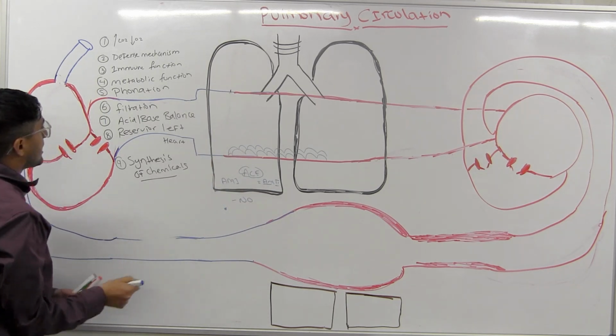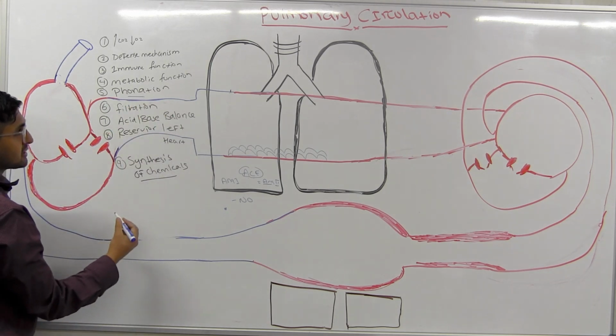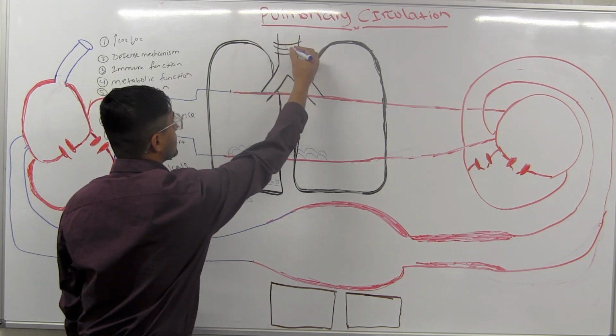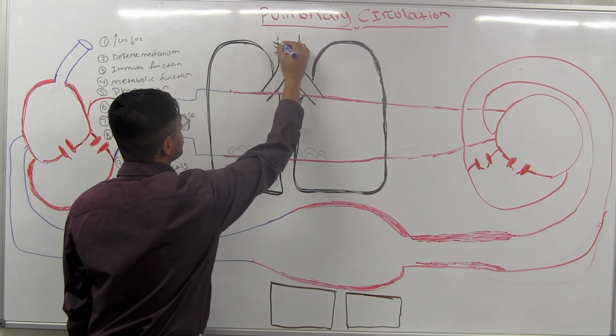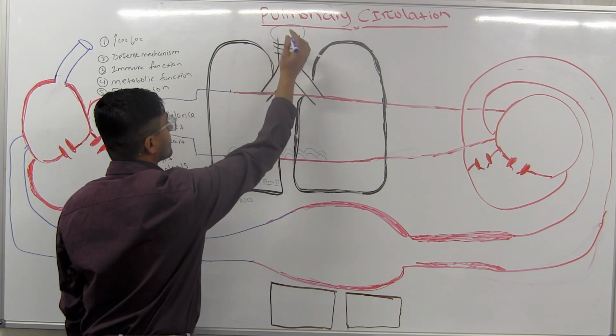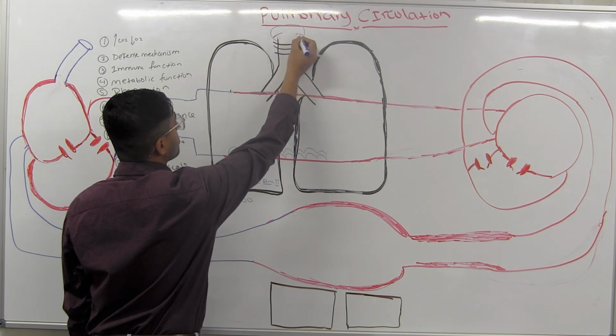Okay, now another one is phonation. What does phonation mean? Basically, this is going to be my trachea, right? On top of this, let's make this my pharynx right here. Sorry, this is my thyroid cartilage. And at the Adam's apple, down here, there are the vocal cords, right?